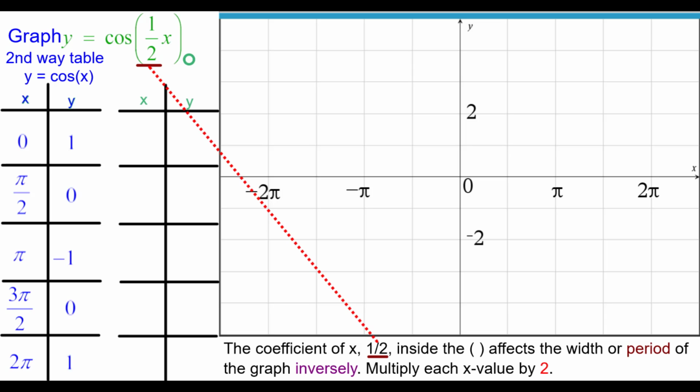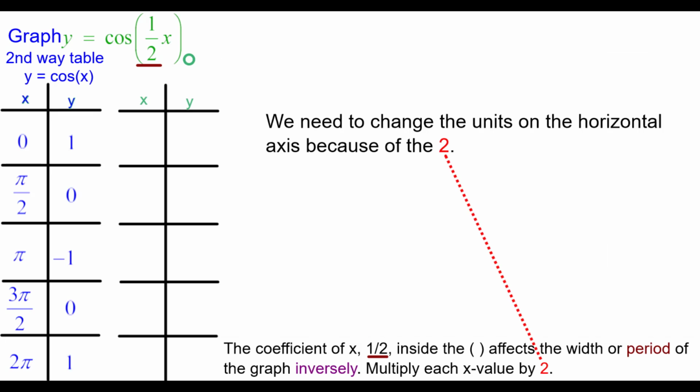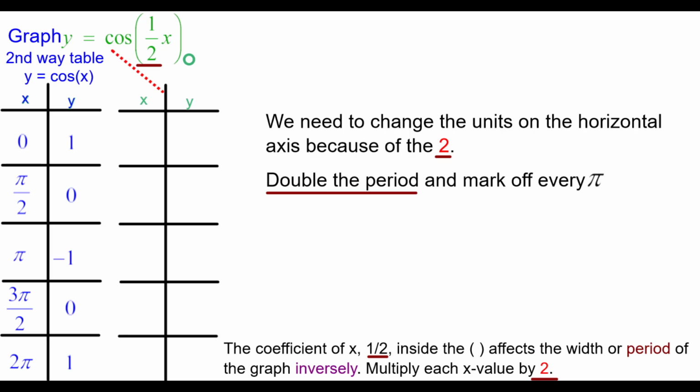So we're going to have to multiply each x value by the reciprocal of 1/2, which is 2. We're going to need to change the units on the horizontal axis because of this 2. So we're going to double the period and mark off every pi. Pause as needed to do your own.